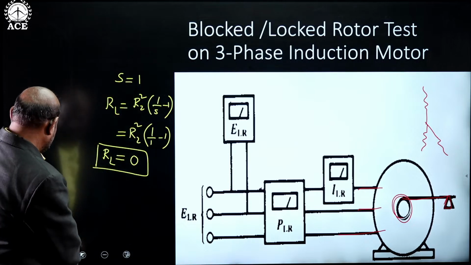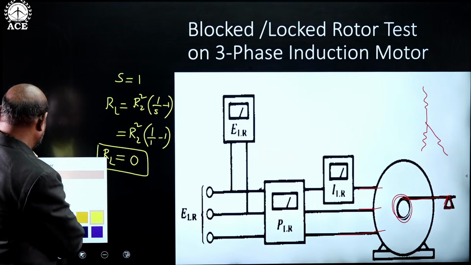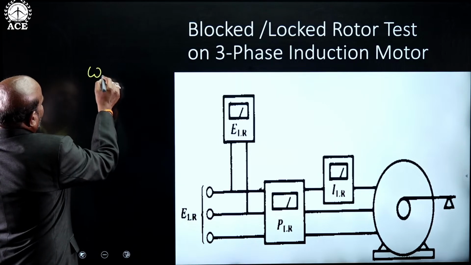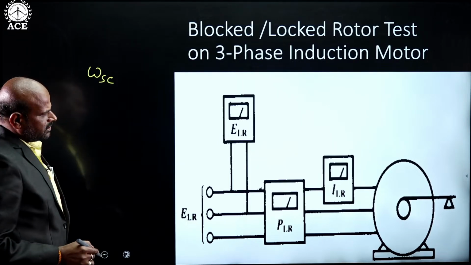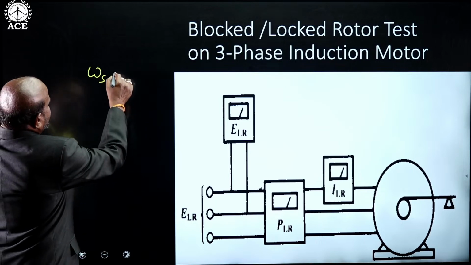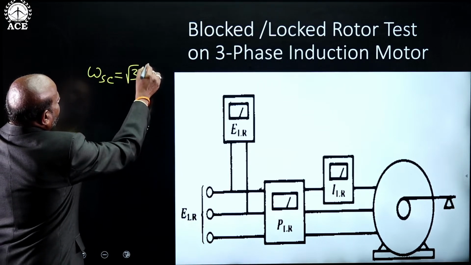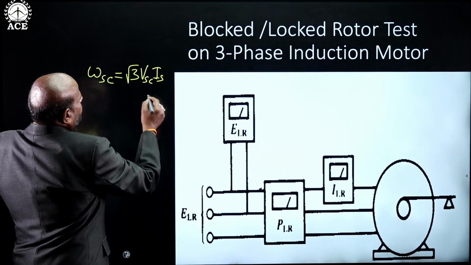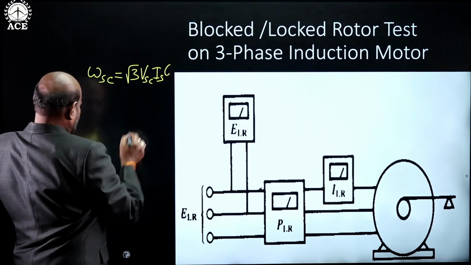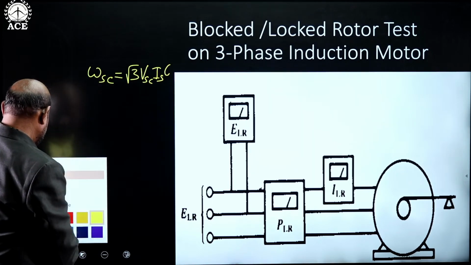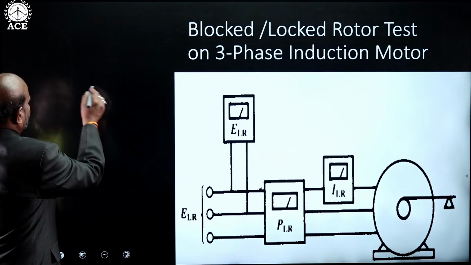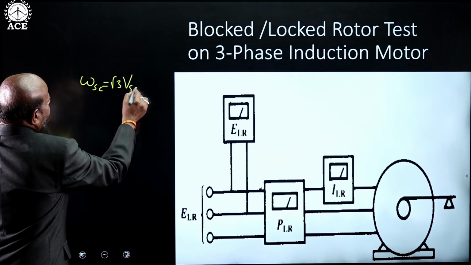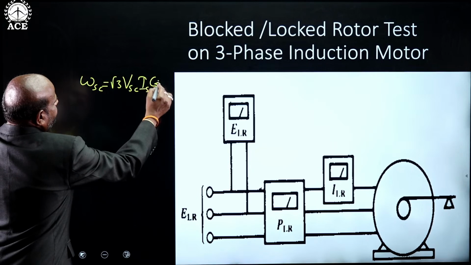So by conducting this test, we are going to find out what are the total losses, copper loss, in the machine, and rated voltage, applied rated voltage, current, and what is the power factor. So WSC is equal to root 3 VSC ISC cos phi SC.